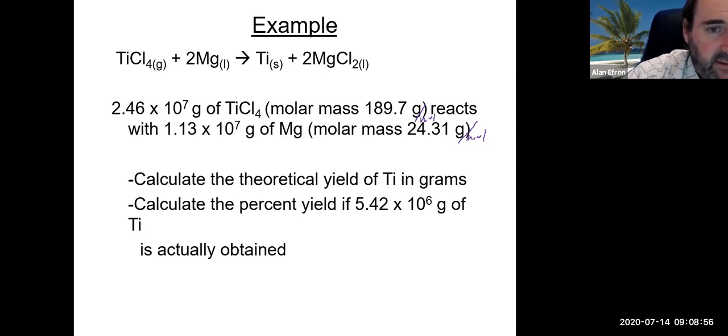Calculate the theoretical yield of Ti and also the percent yield if you had 5.42 times 10 to the 6 grams of Ti. So see what you come up with, and we'll talk about it. I'll give you one more piece of information, which I think you'll need. Ti is 47.88 on the periodic table.